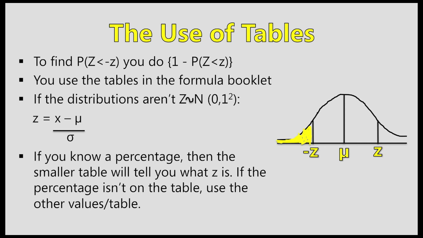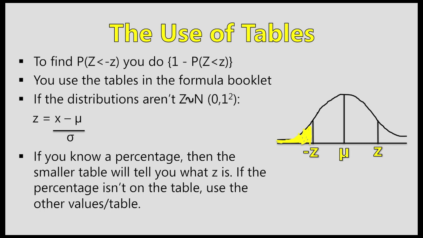You have to make sure it's in the form where the mean is 0 and standard deviation is 1. If it isn't, then you have to use the formula z equals x minus the mean, divided by the standard deviation, x being the value you need to find the probability from, and that will equal the z on a graph where the mean is 0 and standard deviation is 1.